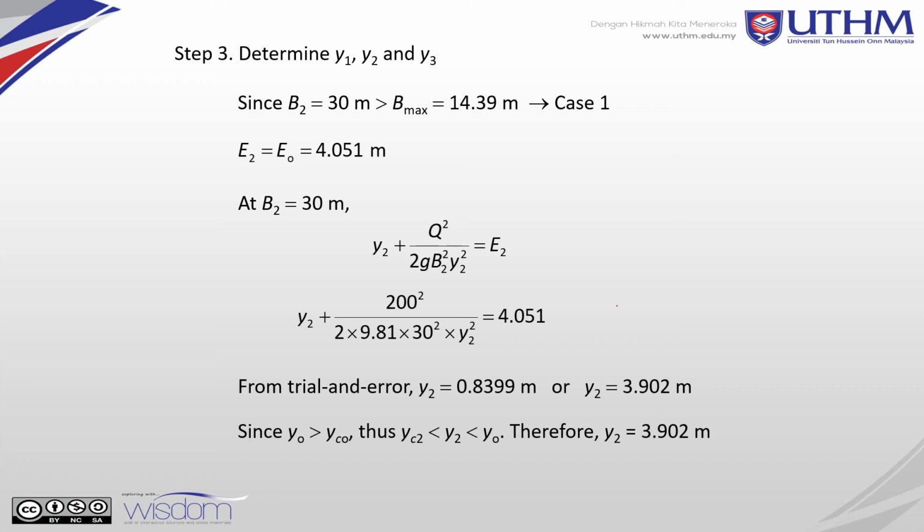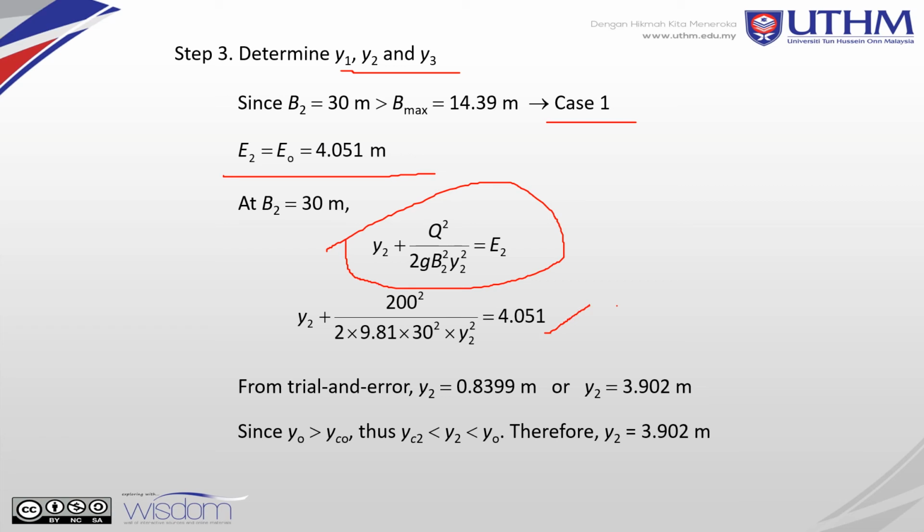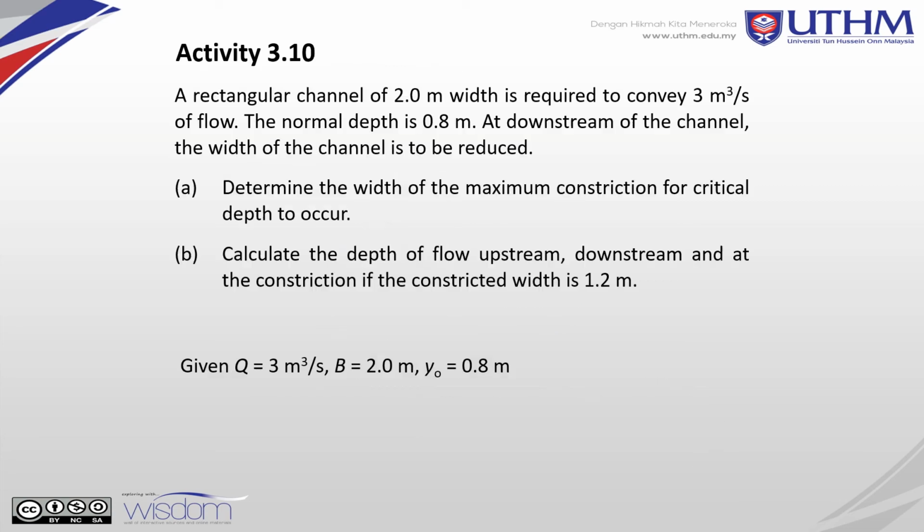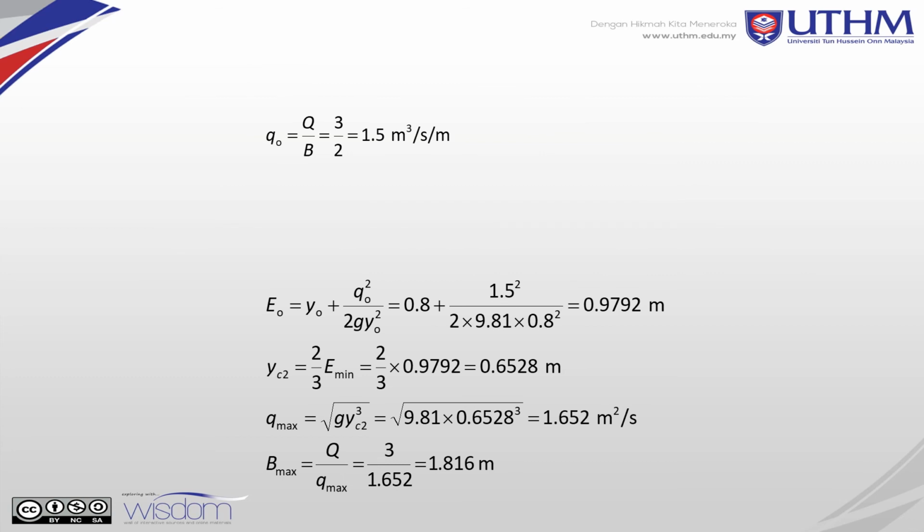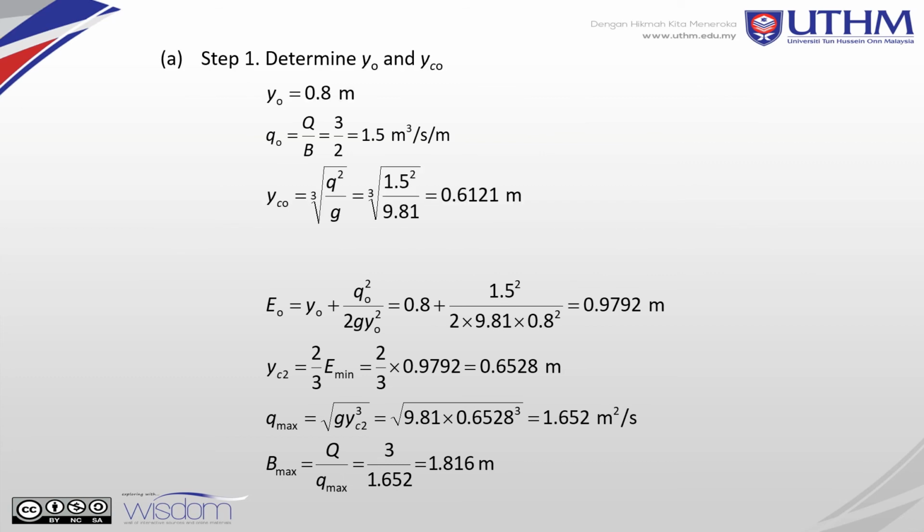Determine Y1, Y2, and Y3 in this case 1. You get this one, and using this equation, you get this one and this one. Activity 3.10: look at the solution here, step by step.